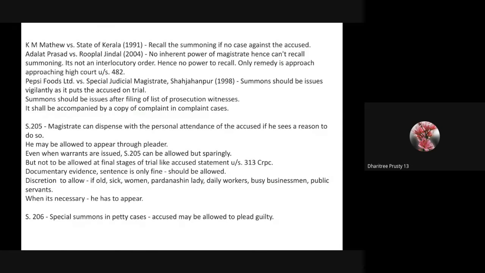Section 205, though it is not something that I have to discuss here, but because it is a part of this chapter, let's end it once and for all. The magistrate here can dispense with the personal attendance of the accused if he sees a reason to do so, and the accused may be allowed to appear through a pleader.